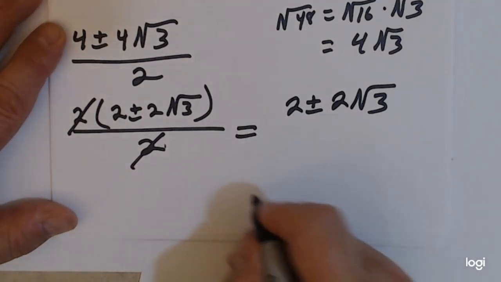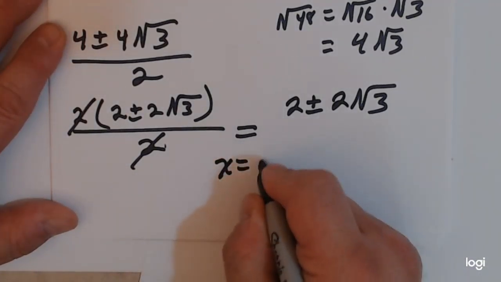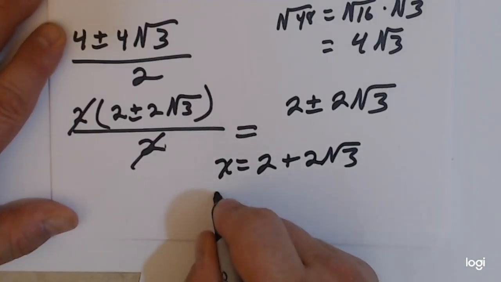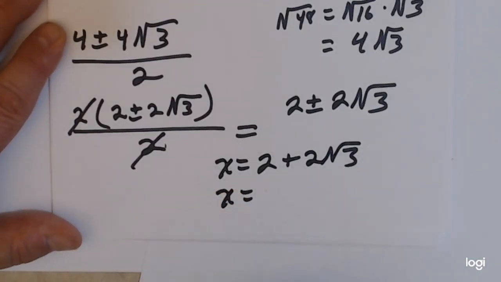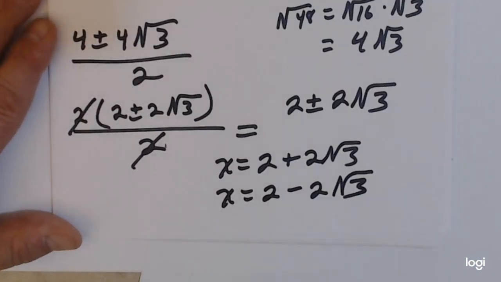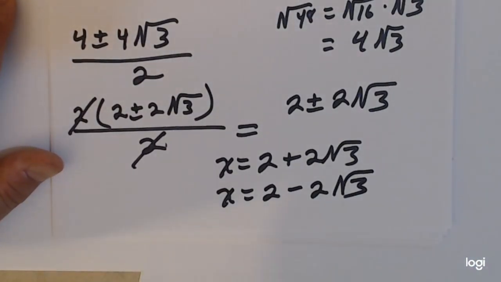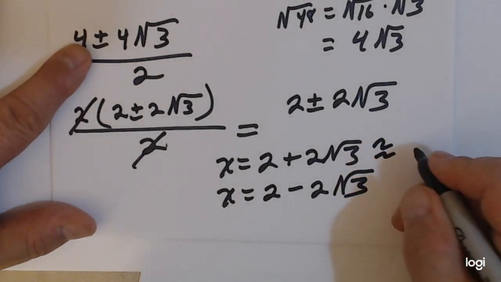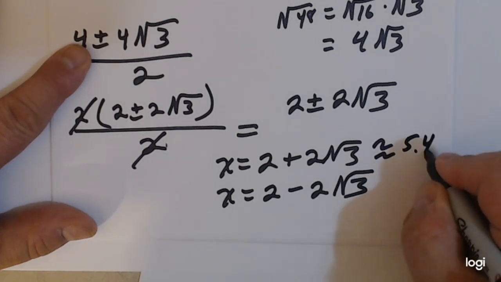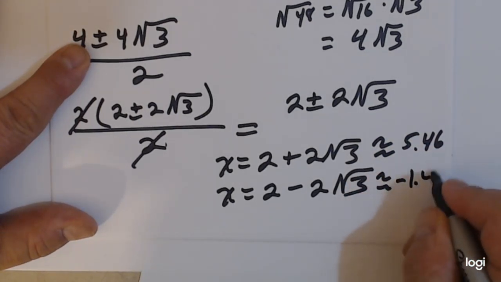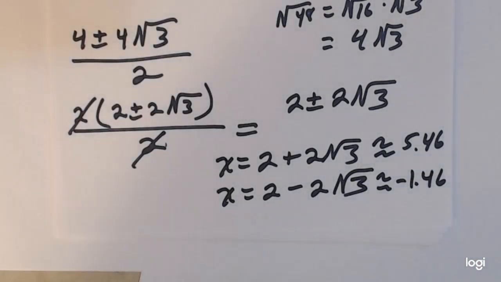So our x values are going to be x is equal to 2 plus 2 root 3, and x is equal to 2 minus 2 square root of 3. Now, this is approximately 5.46, and this is approximately -1.46 if you were to do the arithmetic there.